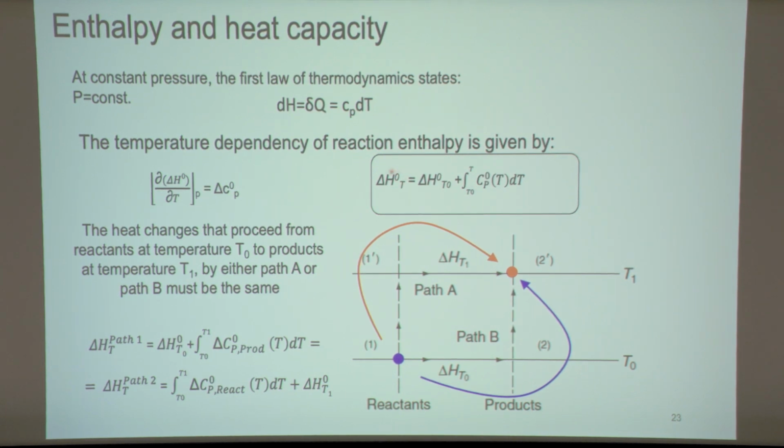If we want to determine the heat of formation or the heat of reaction at another temperature, we can take the heat of formation of a molecule at standard conditions and then integrate Cp dT over the temperature range of interest. We commonly do this when we're trying to predict thermodynamic properties. We can predict thermodynamic data for the heat of formation of a molecule at room temperature and room pressure, but in combustion systems, we need all these values at high temperature, at 200 C, 400 C, 800 C.